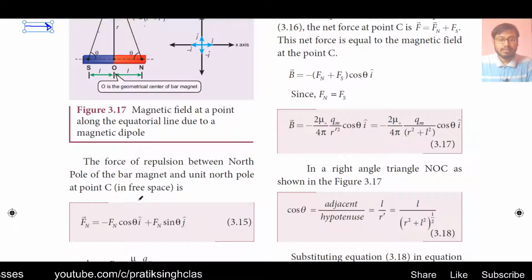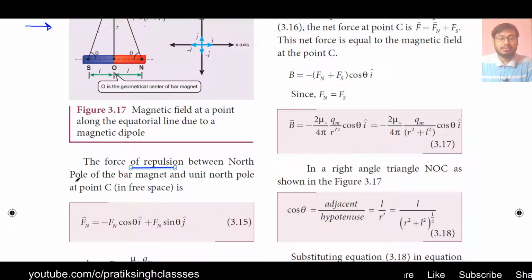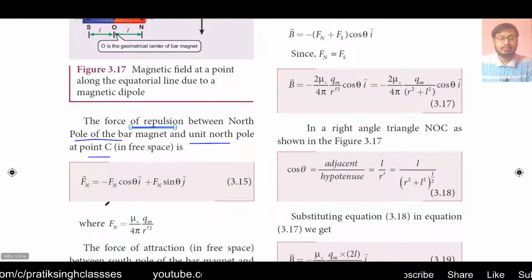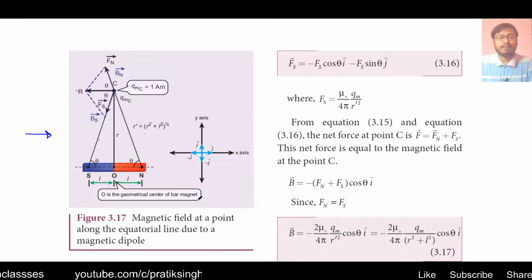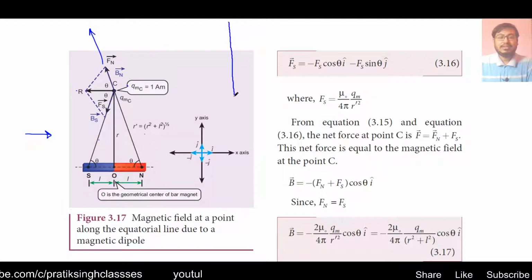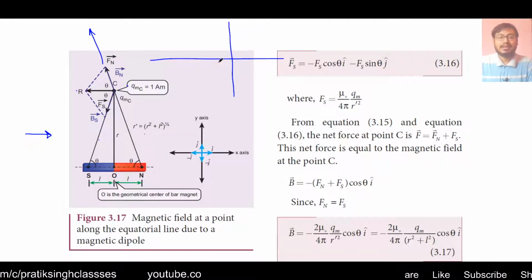The force of repulsion between the north pole of the bar magnet and unit north pole at point C is given by Fn is equal to minus Fn cos theta i cap plus Fn sin theta j cap. Here, as you can see, this is the force, and you have to resolve this into x component and y component. It is just like this. You have x axis and y axis.